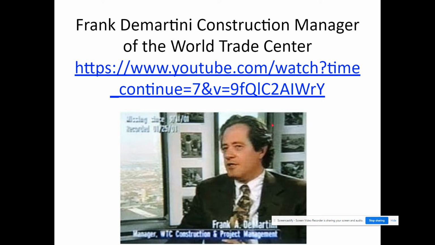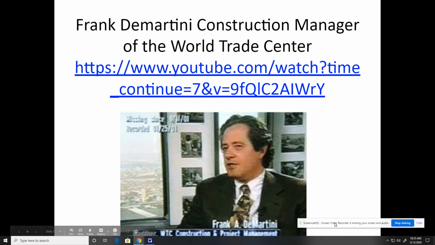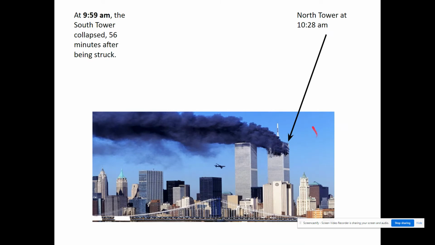If you look at this particular clip, you would hear this individual talk about how the Trade Center was built and able to take a direct hit from, I believe he says, a 747 plane. You can take a look at that clip there.